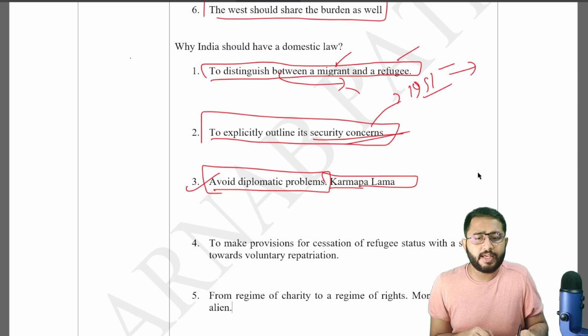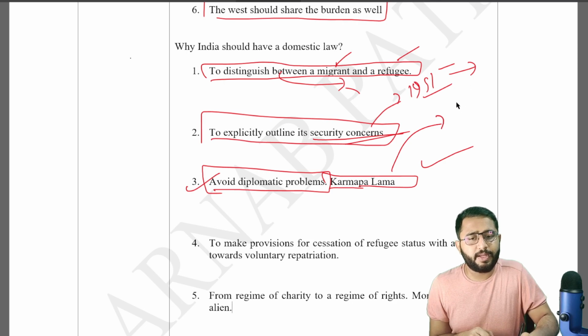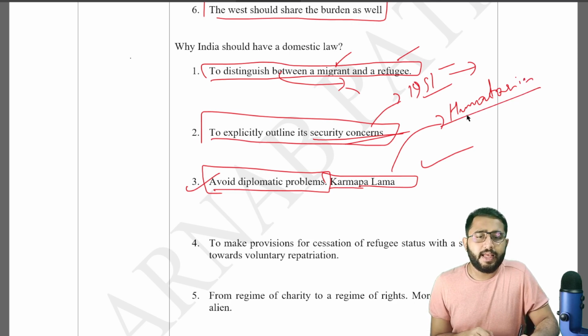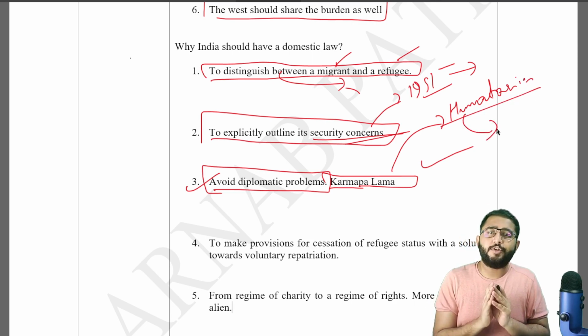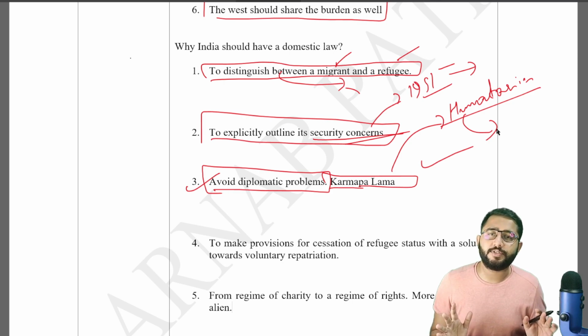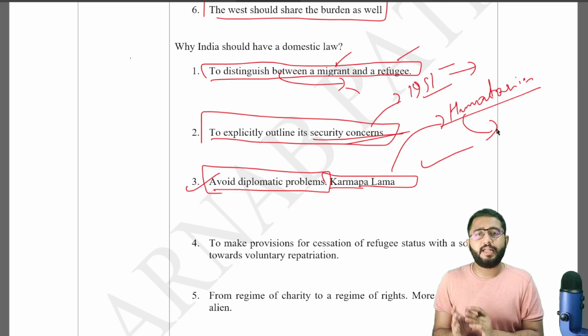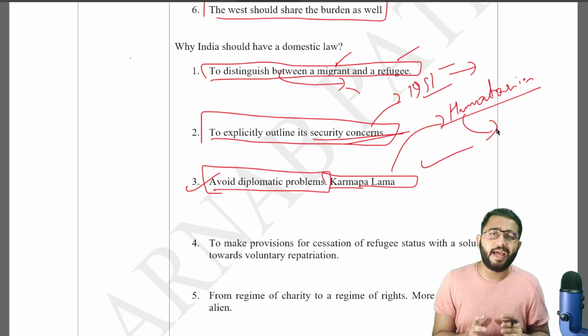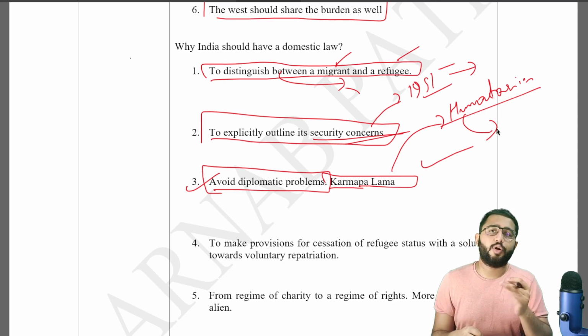Now, if India has a particular domestic law, then India can say that anyone who is coming into India and India is giving them humanitarian aid, in that case, it is a completely non-political, non-biased decision. We are going to give humanitarian aid to whosoever we want to, and this is not going to reflect in our political stand.